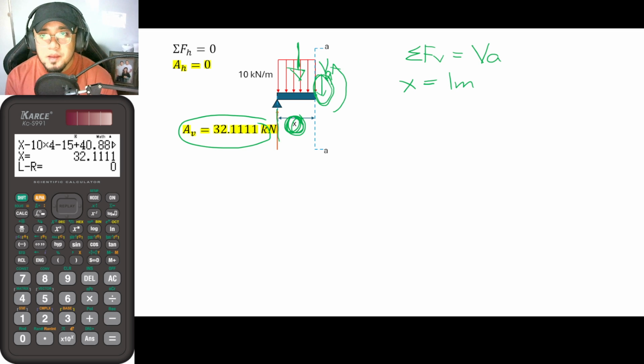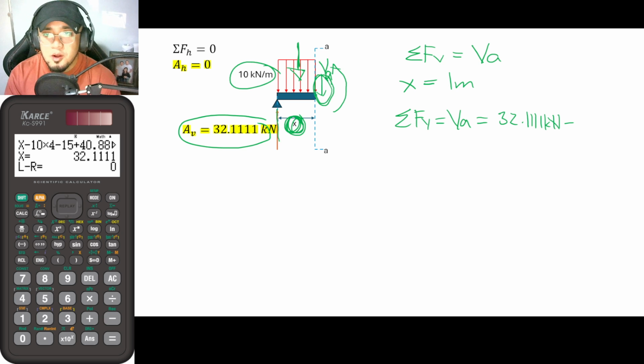So getting the summation of forces vertical, so that is now 32.1111 kilonewtons. Or sorry, let me just write it here. So summation of forces vertical, that is equal to VA, and that is equal to 32.1111 kilonewtons minus, so this is downwards, so minus 10 times, what is this distance once again?